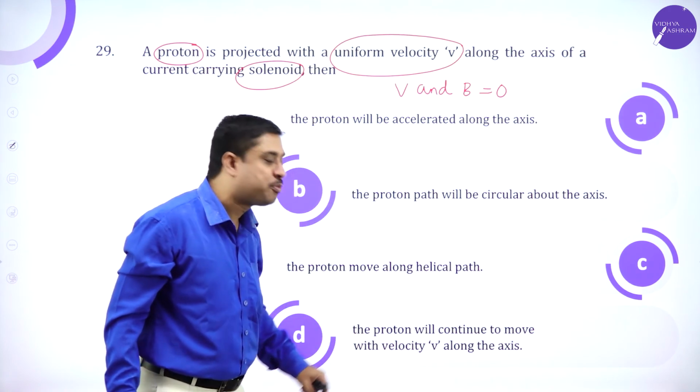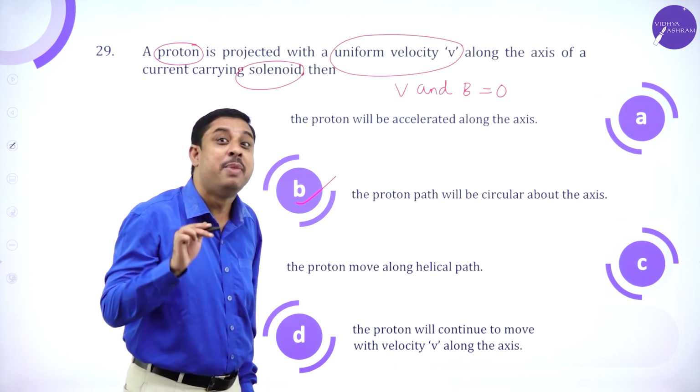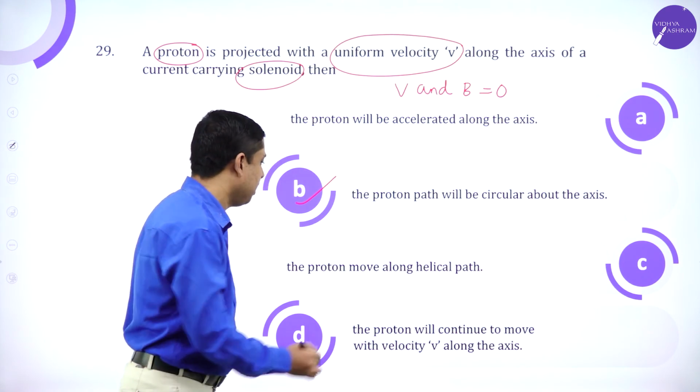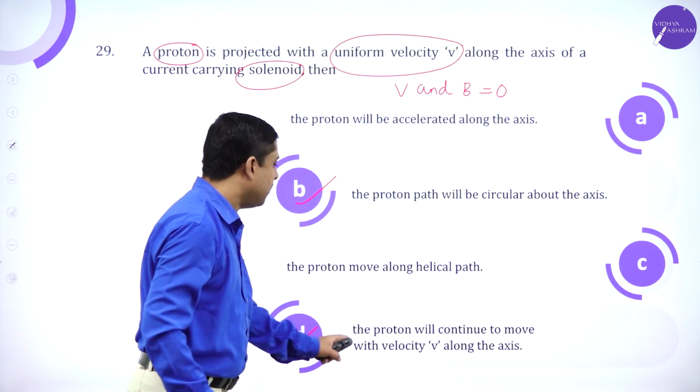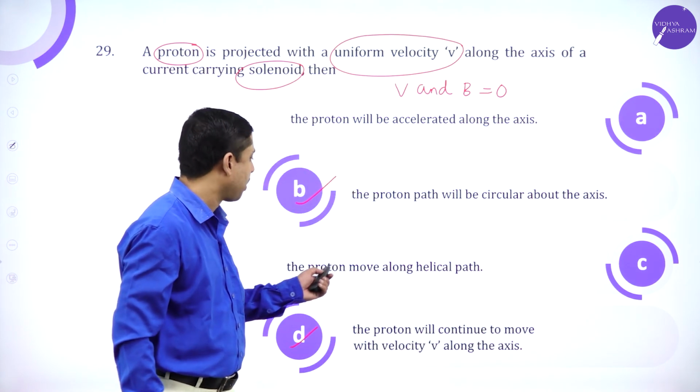Therefore, two of the options hold good. The path of the proton may be circular and it moves with the same velocity along the axis.